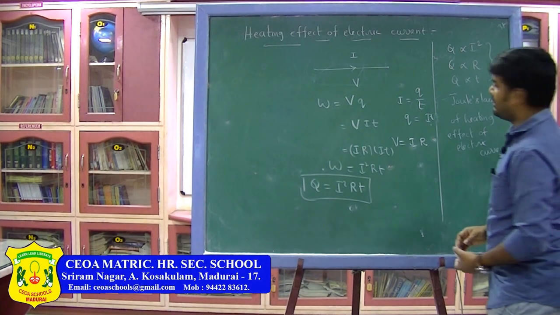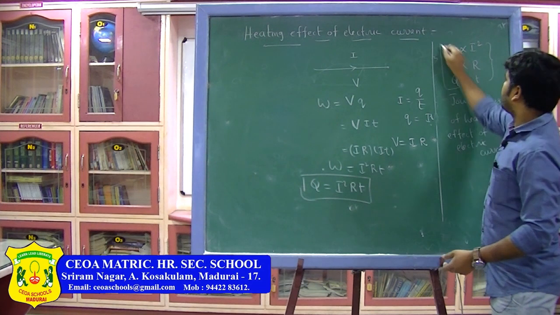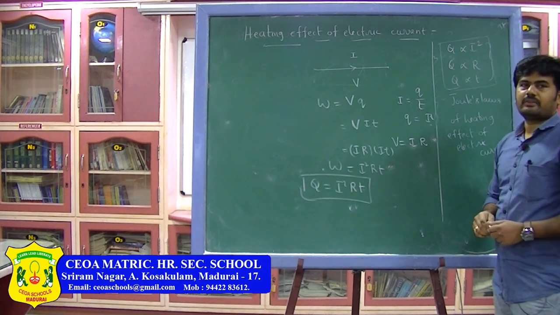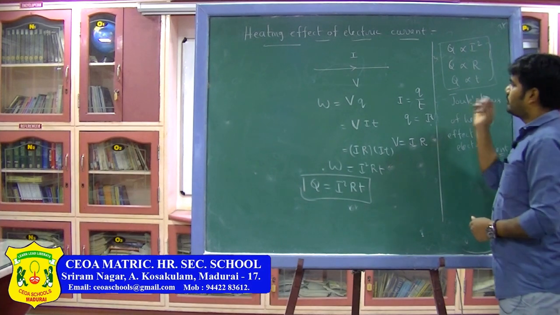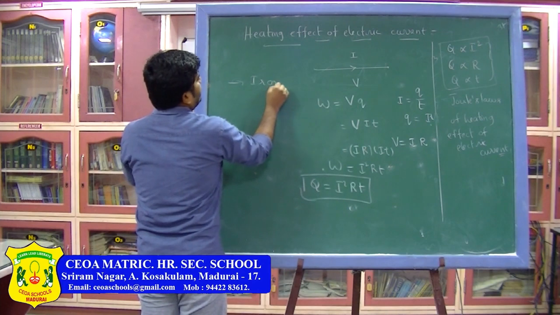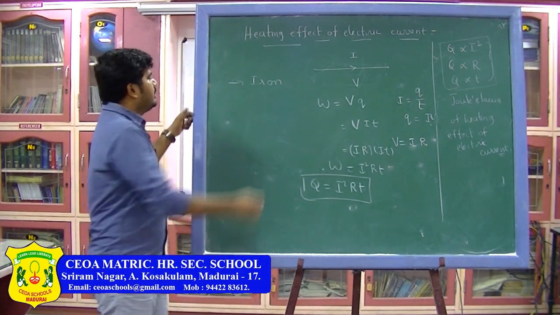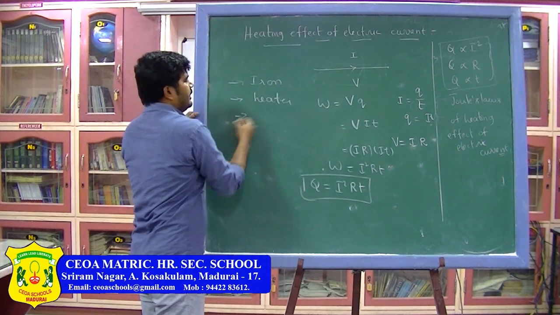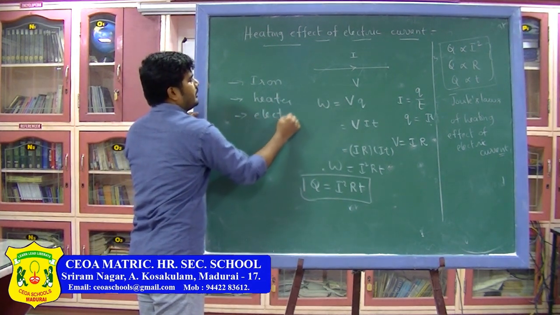So, in our real life, we use some electrical appliances which work based on this Joule's laws of heating effect of electric current. So, those are electric iron box, heater, and electric bulb with the filament.